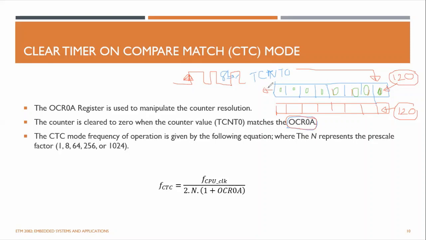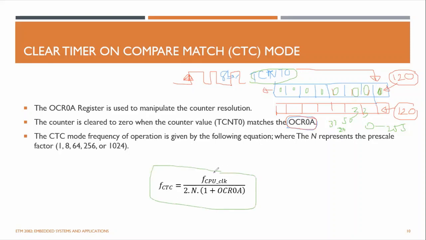But in the normal mode, we have just used overflow. We can only use 255. But here you can use any value from 0 to 255. You can even set it to 50 or 26 or 33. So if you preset it to 33, when the timer value reaches 33, it will generate an interrupt and reset.